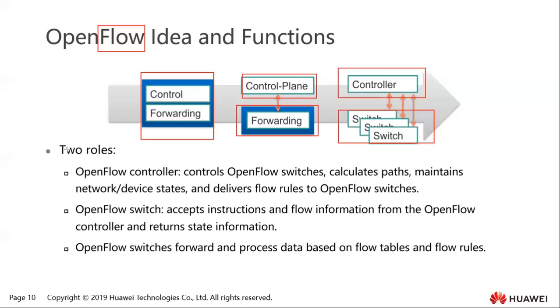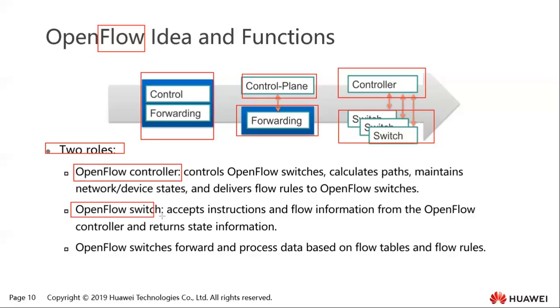Now, two roles. One of the roles for OpenFlow is what we call the OpenFlow controller. This one controls OpenFlow switches, calculates paths, maintains network or device states, and delivers flow rules to OpenFlow switches. When you talk of OpenFlow switches, we don't just mean switches, but also routers.